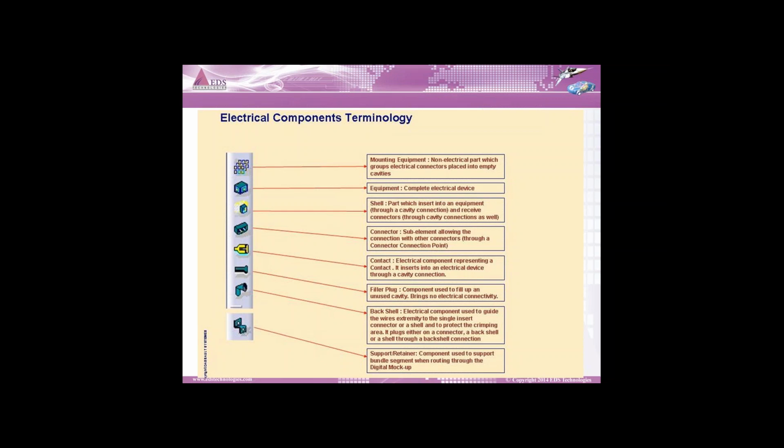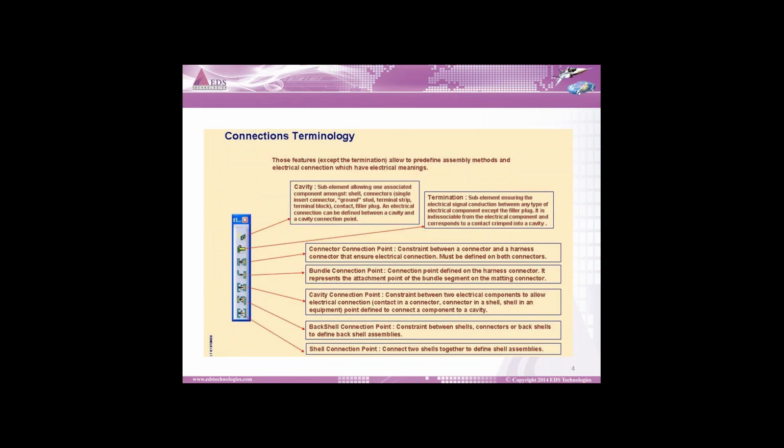Then you define the connections: how the mounting equipment is placed, how the switches are positioned, and the electrical connectivity through bundle connection points, cavity connection points, and back shell points. These are all very important parameters. So the first step is converting your mechanical components into electrical components and saving them in a catalog, so you can reuse them whenever you want.